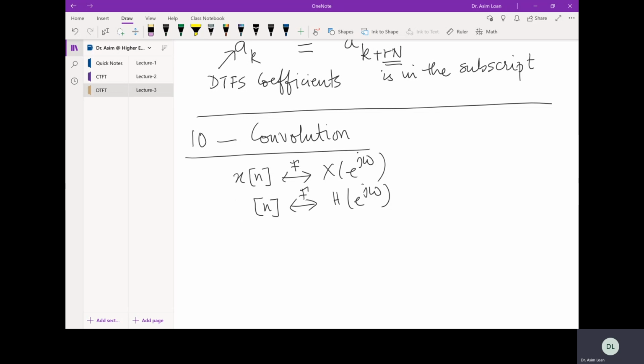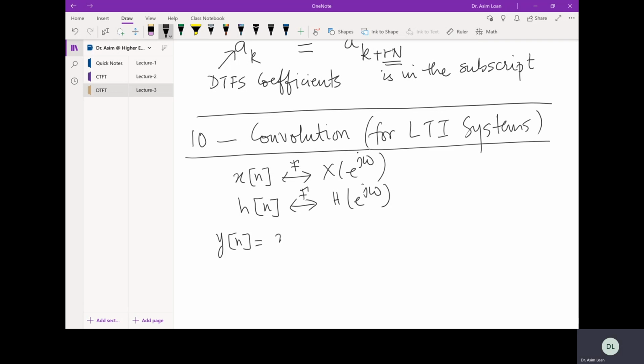This is h to be consistent with the continuous time Fourier series. Convolution is for LTI systems. So y of n is a convolution of x of n and h of n.